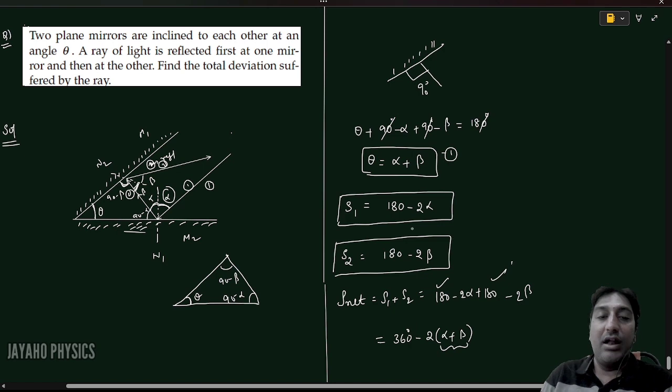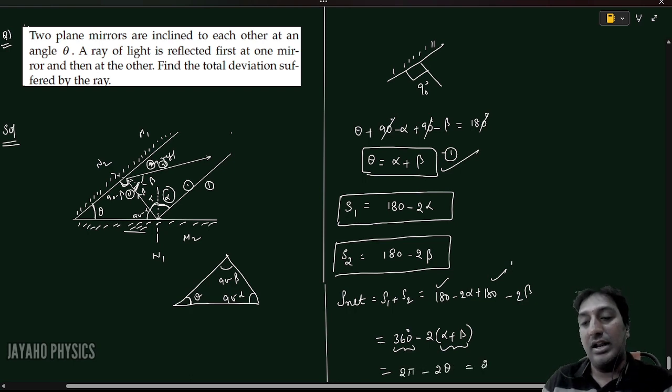We know that alpha plus beta is equal to theta. So 360 degrees, which is 2 pi, minus 2 theta. This can also be written as 2 times pi minus theta. So this is the value of the total deviation produced for this particular numerical.